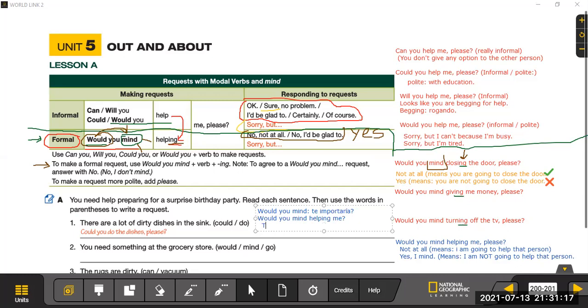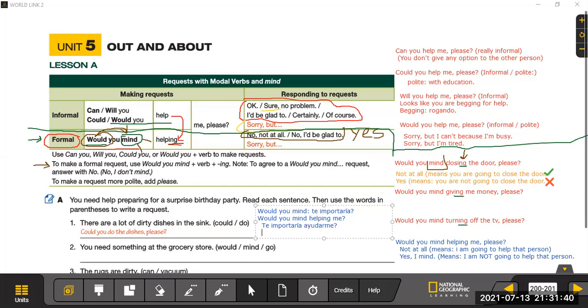Means te importaría ayudarme. It is the same in Spanish. If I ask you, ¿te importaría ayudarme? And you say, no, no me importa. That means that you are going to help that person. ¿Entienden? Es el mismo sentido.